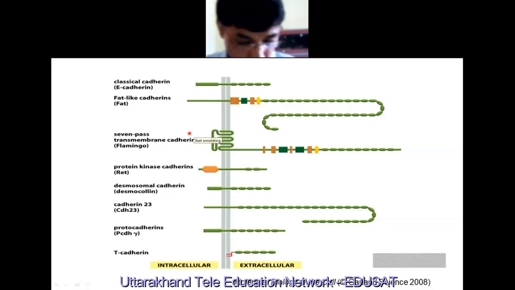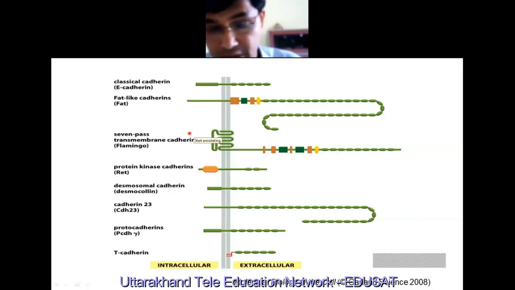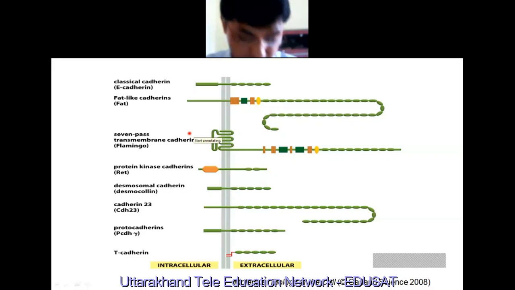Okay. E-cadherin, which is present in epithelial cells, is also expressed in a part of the brain. Basically, it is expressed in the midbrain regions.